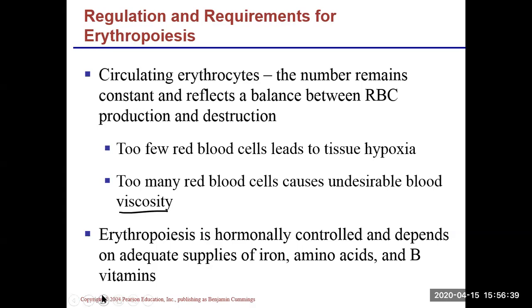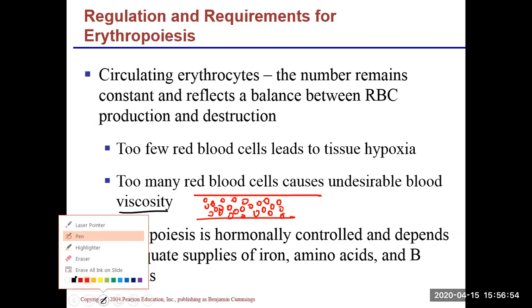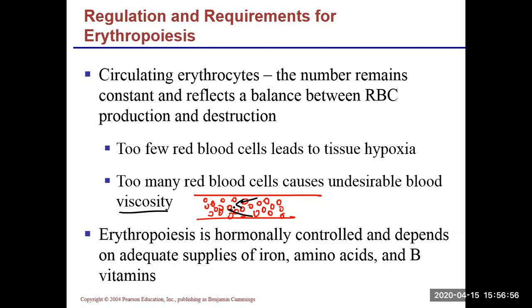The reason is when you have way too many, they could come into contact with one another and come into contact with the wall of the blood vessels. As they come into contact with the wall, they slow down. And now you need increased blood pressure to deliver the same amount of oxygen.